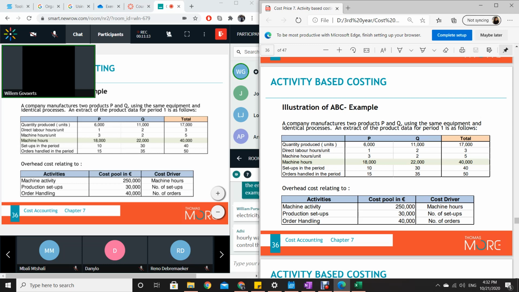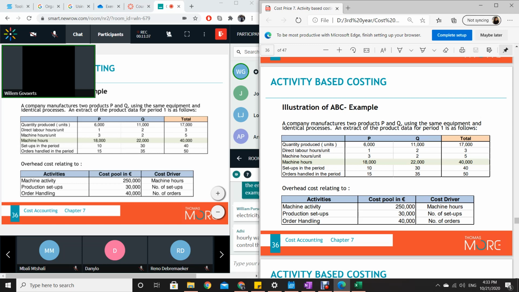We immediately say, okay, maybe also in other exercises I ask you to do this yourself, but for machining activity, it's quite logical that you will use machine hours. Everything depends on what you have in the given above.